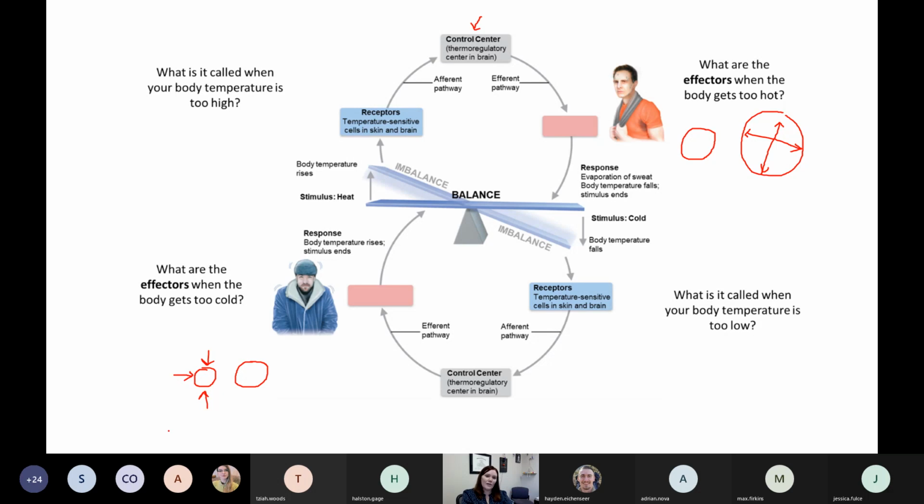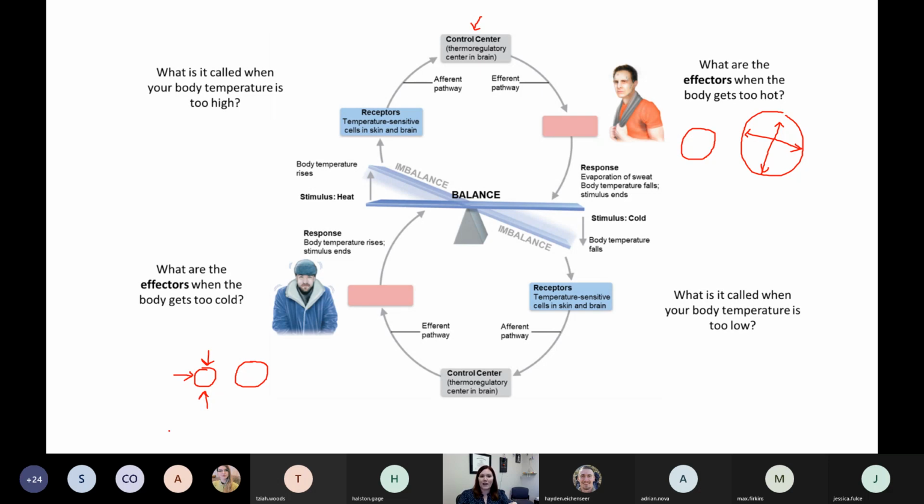When you're thinking about symptoms of hypothermia, remember that they talk about things like blue lips or blue fingers or toes. The reason those things are blue is because of vasoconstriction. When I constrict those blood vessels, I stop having as much blood going there, and they start to change color because we don't have this oxygen-rich blood going to them.